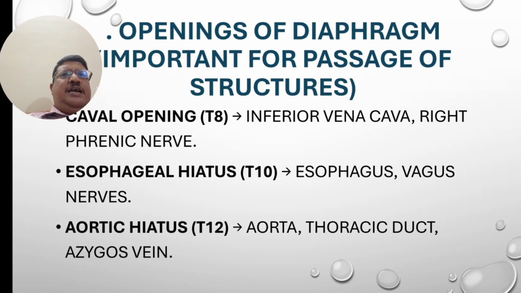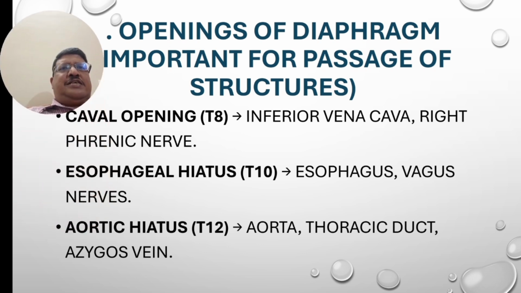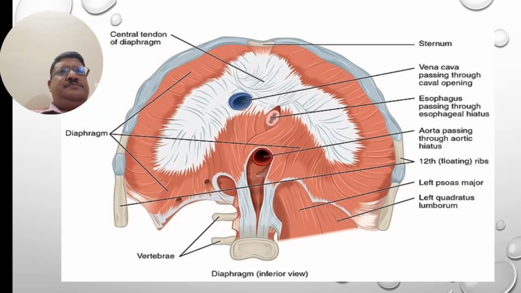Now openings of the diaphragm, important for passage of structures: caval opening at T8, inferior vena cava and right phrenic nerve; esophageal hiatus at T10, esophagus and vagus nerves; aortic hiatus at T12, aorta, thoracic duct and azygos vein.